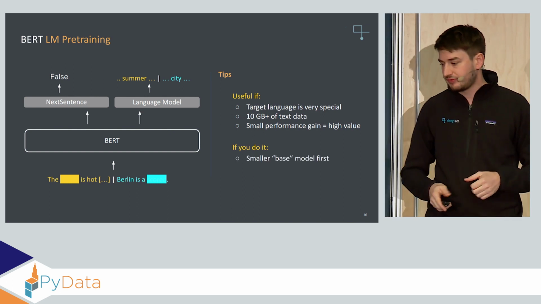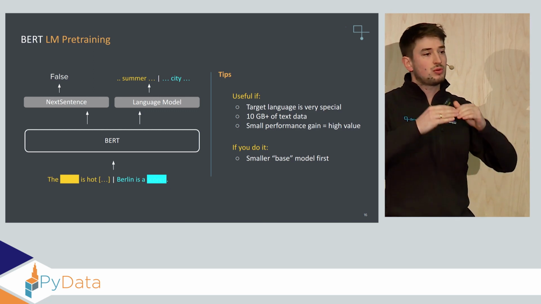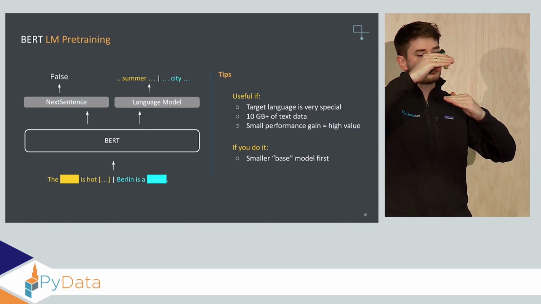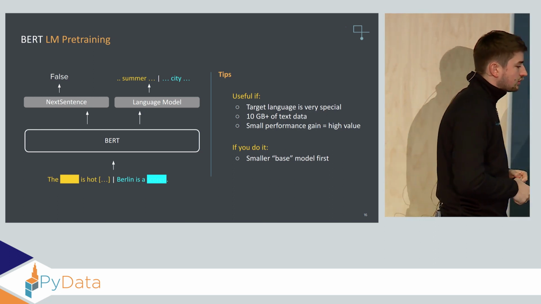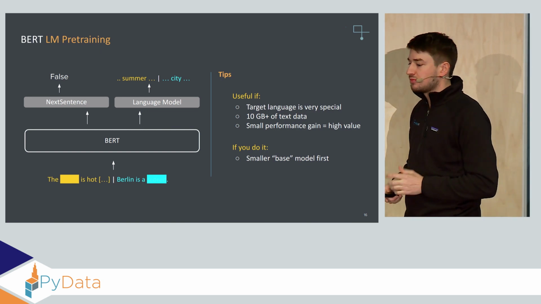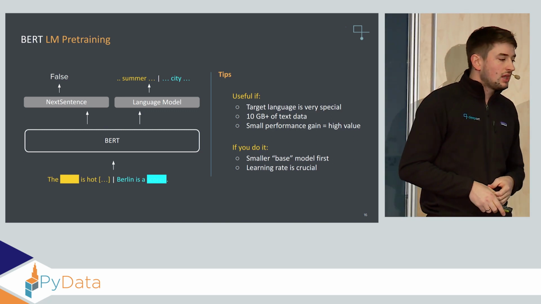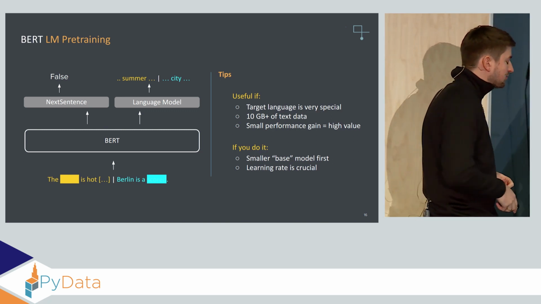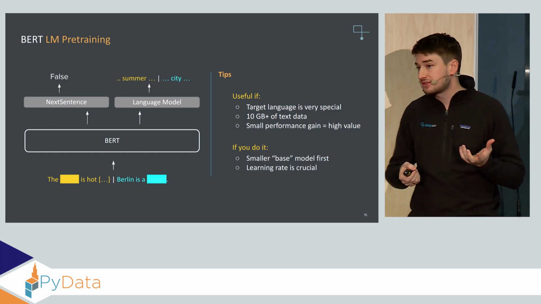If you do it, I would recommend to train a smaller base model first. So there are always variants, like a smaller model and then the huge ones. The huge ones tend to converge more strangely, or we saw difficult patterns there. The smaller ones are nicer and better to start with. And then these models are usually quite robust in terms of hyperparameters.